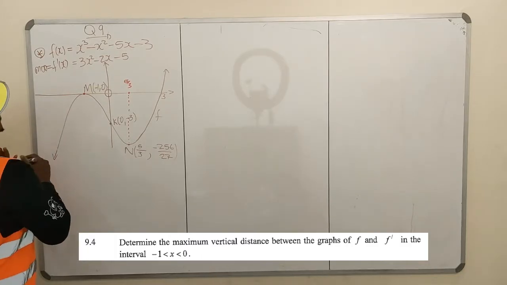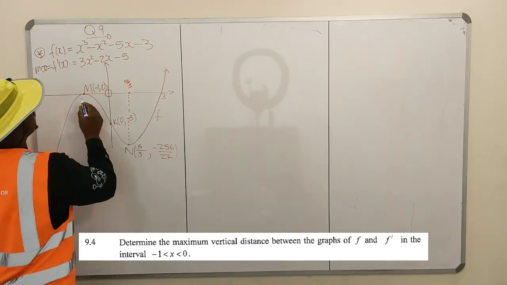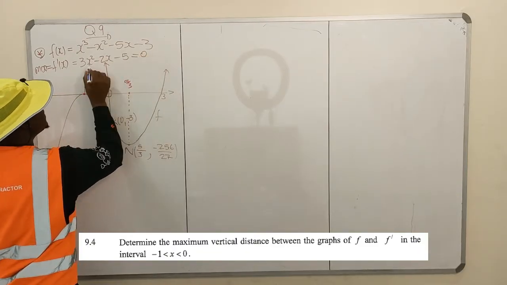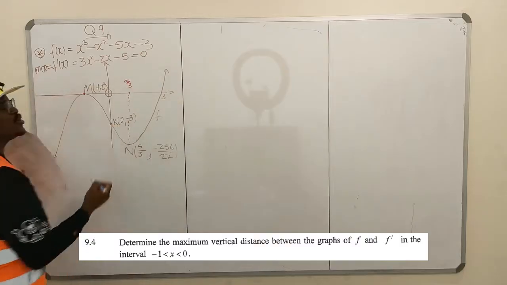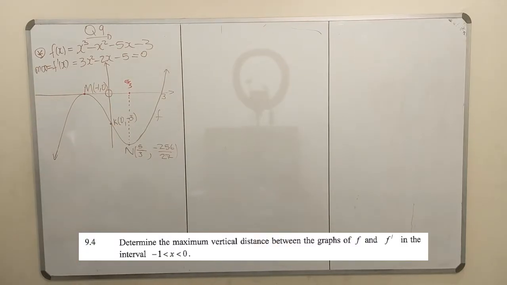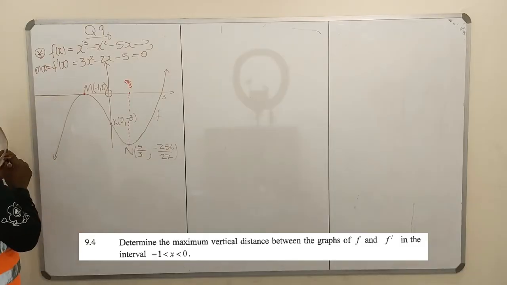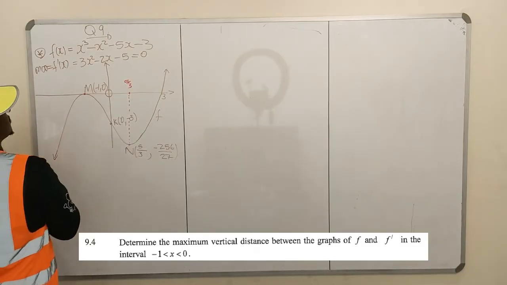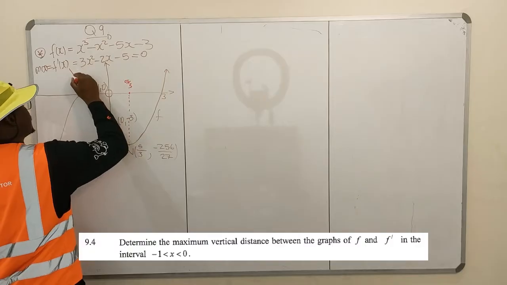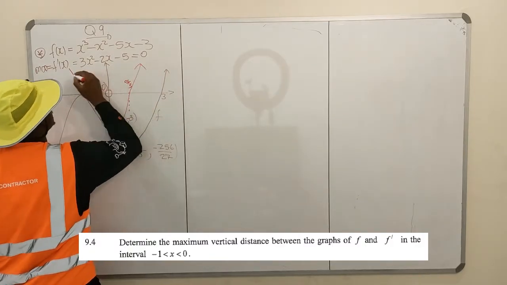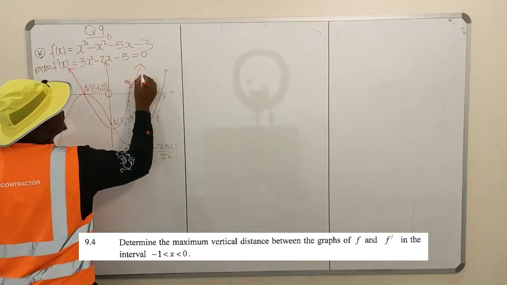So now, if you plot this, you will need the x-intercepts, right? These are the points where your gradient is equal to 0. Then, these points are these two. So if you draw your gradient function, it will look like this. It will intersect here. It will be something like this. This one is a gradient function, f prime.